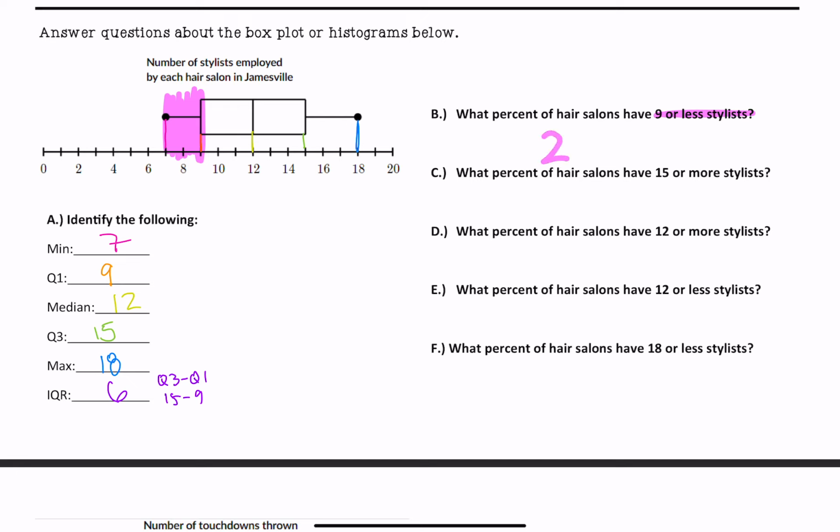I'll write that in highlighters. So we have 25%. Next percent is talking about what percent of hair salons have 15 or more stylists. Well, here's my 15, and it says 15 or more. So that includes this chunk. This chunk is only worth 25%.